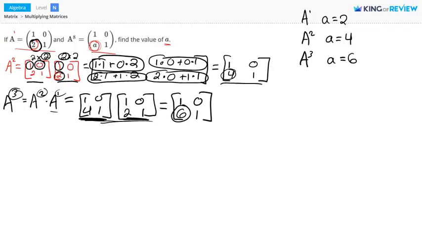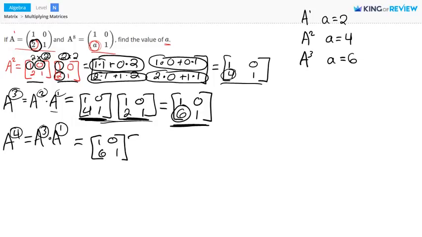And let's try one more. Let's try A to the fourth power. Well, this is the same thing as A to the third power times A. Again, we're adding these two exponents to give us A to the fourth power. Now we solved for A to the third power here. That's 1, 0, 6, 1 times matrix A, which is 1, 0, 2, 1.